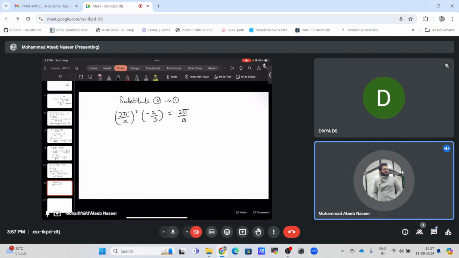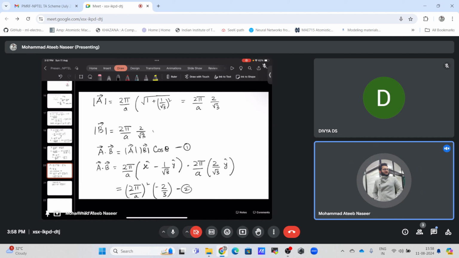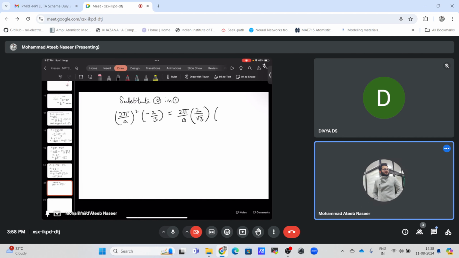2 by root 3 into 2 pi by a, 2 by root 3 cos of theta. Okay, the 2 pi by a factors cancel, root 3 into root 3 is 3, and the 2 cancels, and we are left with minus 1 by 2 is cos theta.